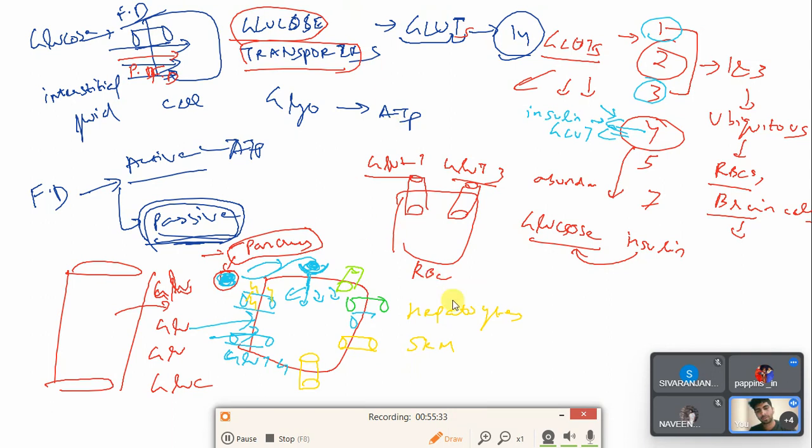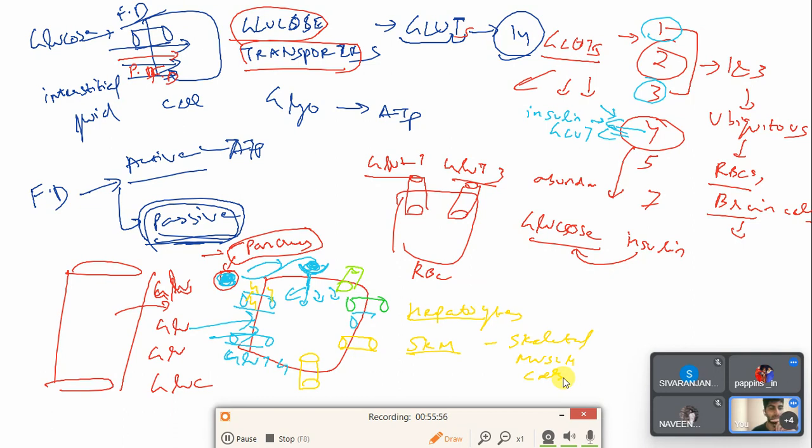So one is hepatocytes, that is liver. The other is skeletal muscle cells, that is muscles. Mostly in muscles, it's not the cardiac muscle, it's the skeletal muscle cells. So they are responsible for storing an abundance of glucose.